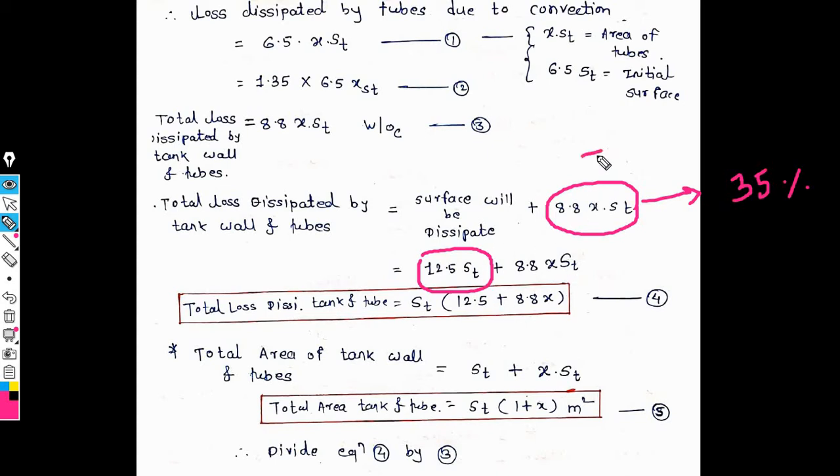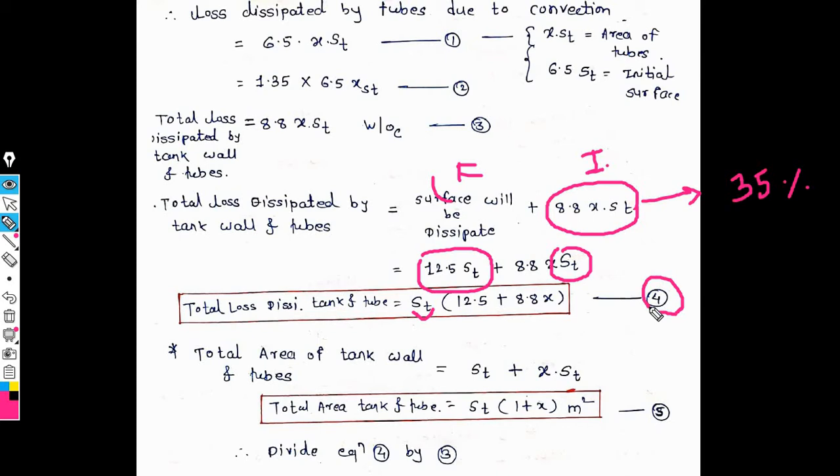This is the initial surface to dissipate, and this is the final surface to dissipate. Then ST is taken as common. The total loss dissipated by tank and tube, with ST taken as common, is 12.5 plus 8.8x, equation number 4.